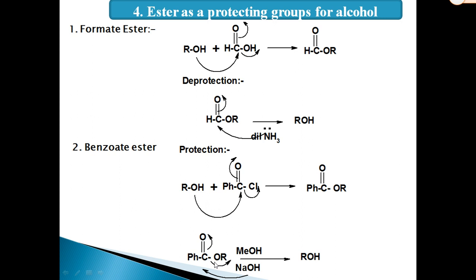OR negative, this leaving group, is removed to restore the double bond, and on reaction with H positive our hydroxy group is recovered, or deprotected. This is the reaction of benzoate ester as protection of hydroxy group.